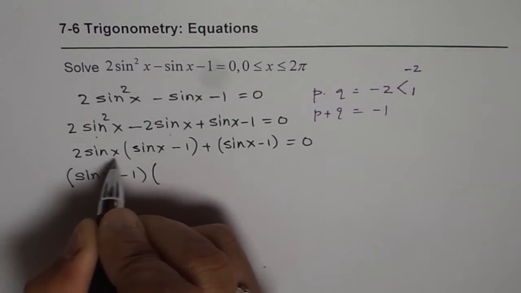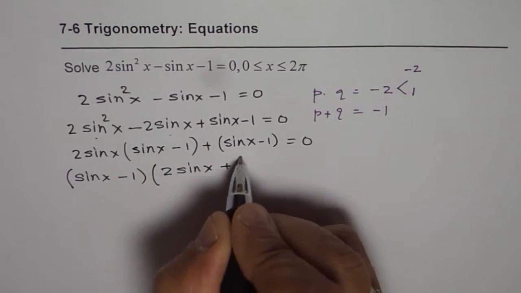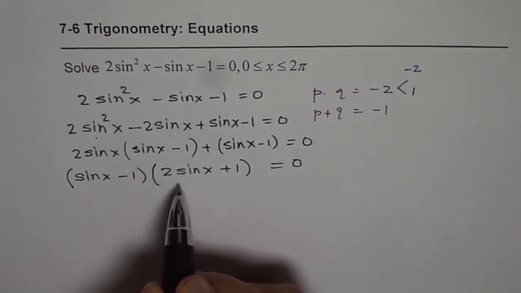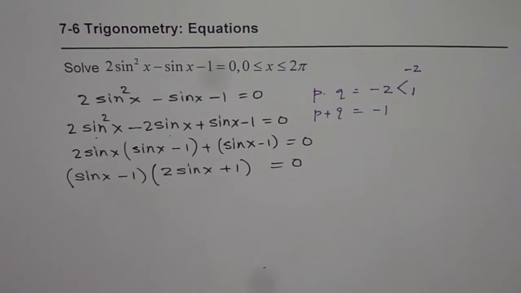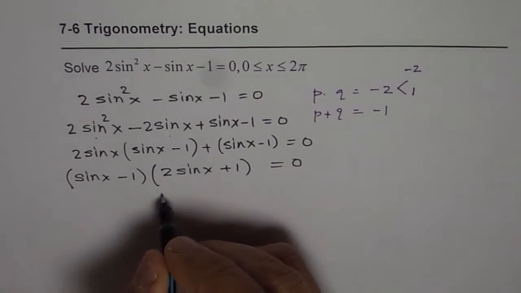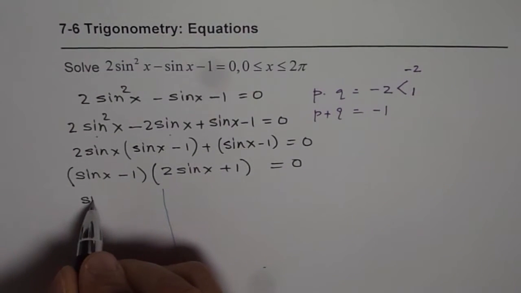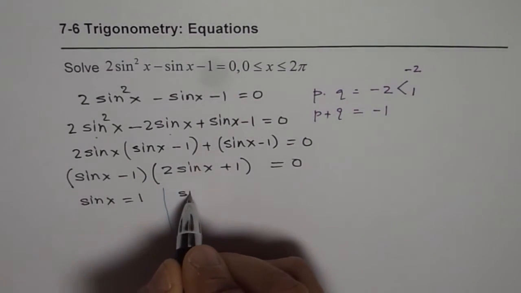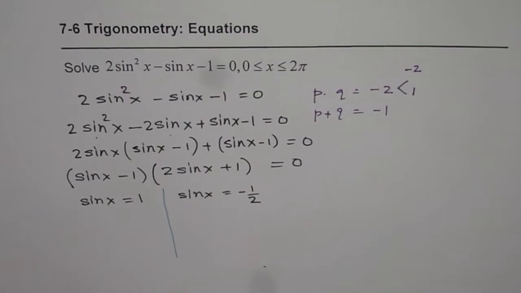The other one is 2 sine x plus 1, equal to 0. Now for these two factors, when multiplied, we get 0. That means we are looking for two different solutions, right? So one is when sine x equals 1. The other one is when sine x equals minus half, correct?